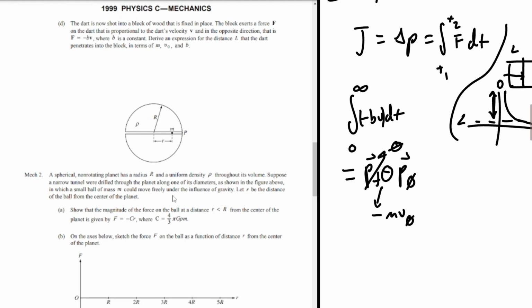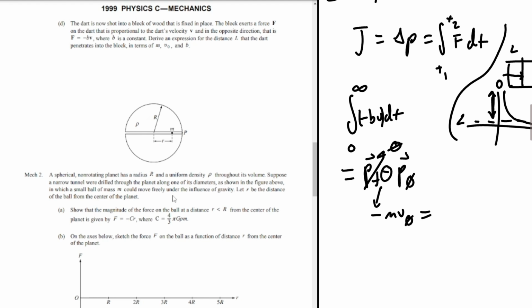So mass times the initial velocity of the dart has to equal, and I'm going to take out my constants from my integral, the integral from 0 to infinity of v dt. Right. So now I'm going to cancel these negatives, and move b over here by dividing. So mv naught over b has to equal the integral.